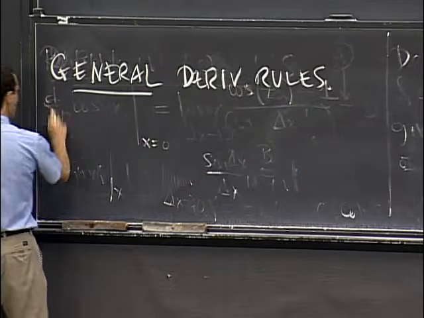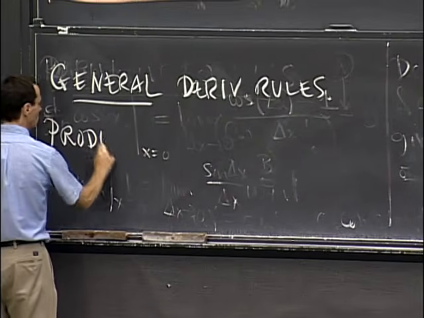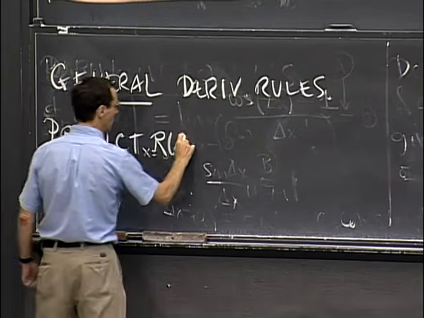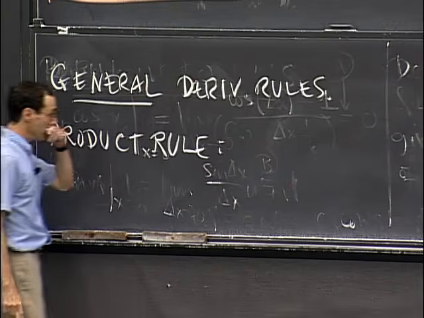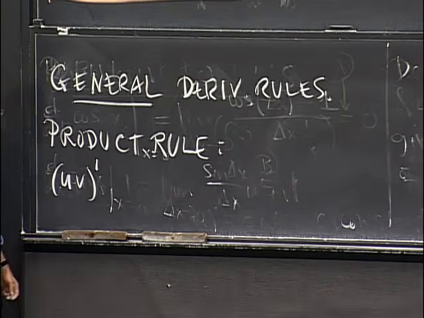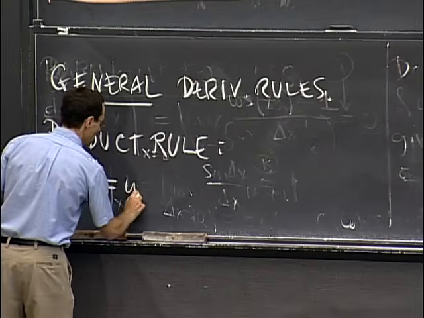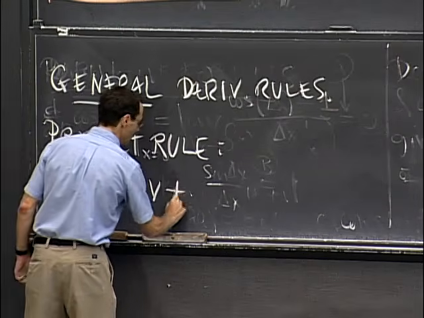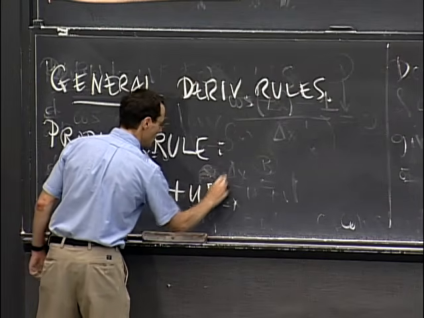The first one is called the product rule. What it says is that if you take the product of two functions and differentiate them, you get the derivative of one times the other plus the other times the derivative of the one.